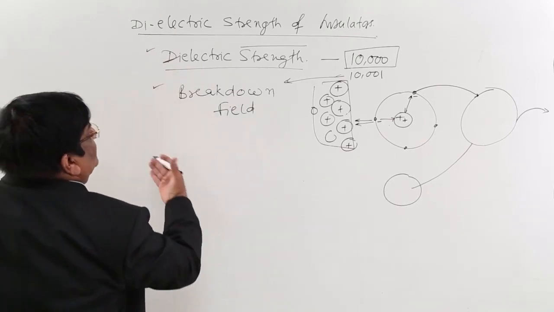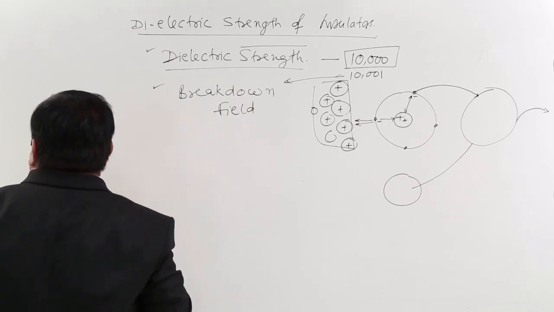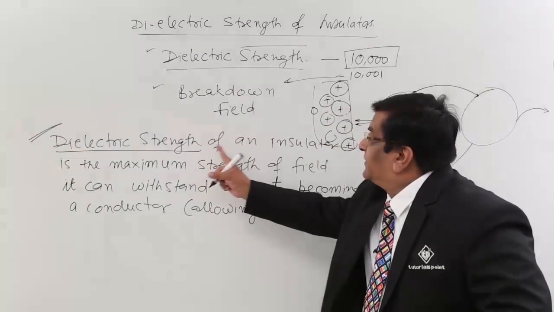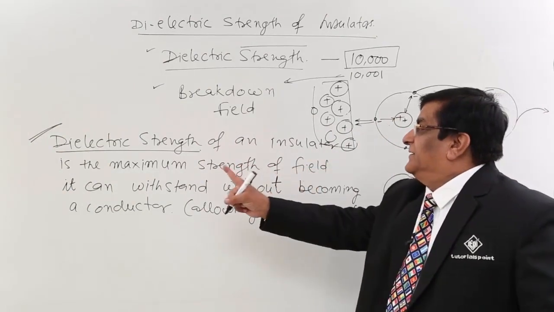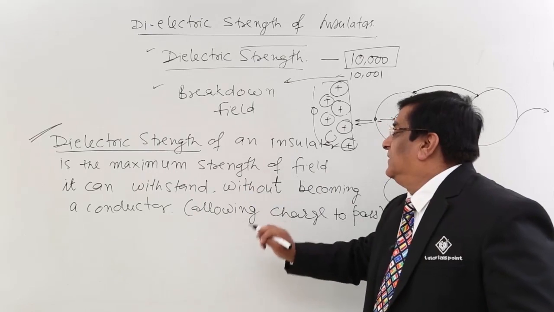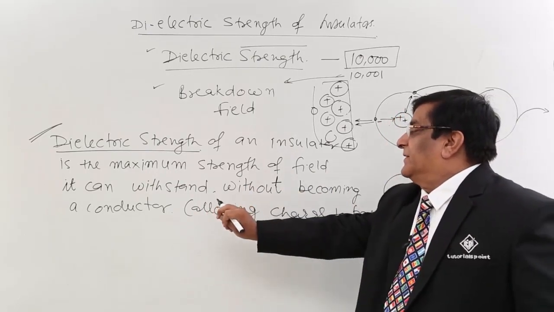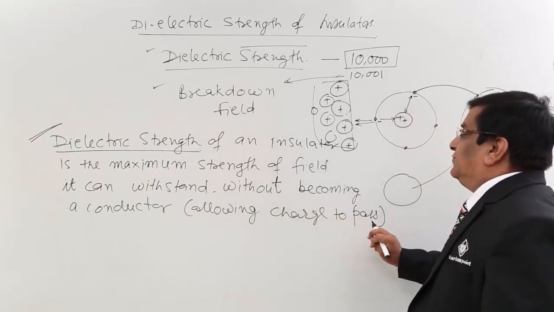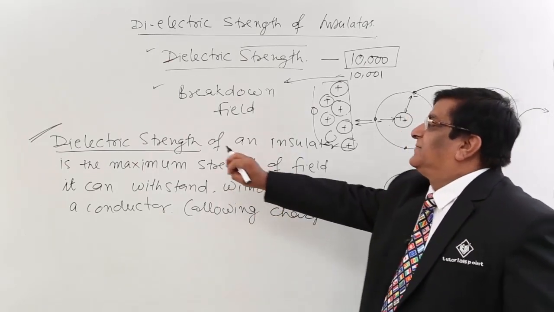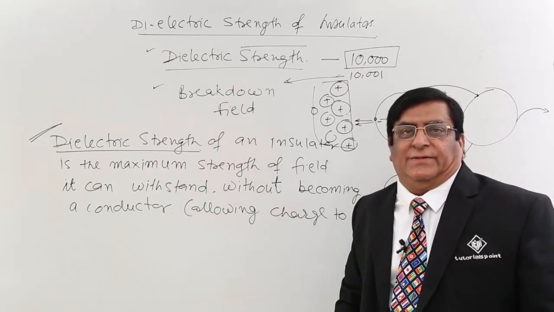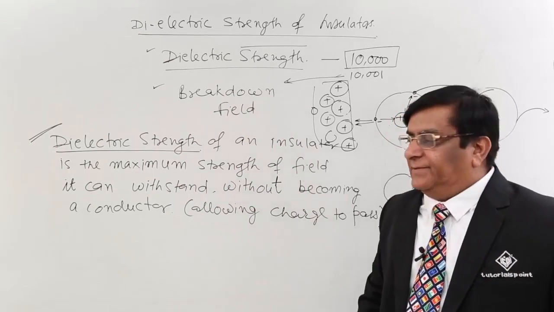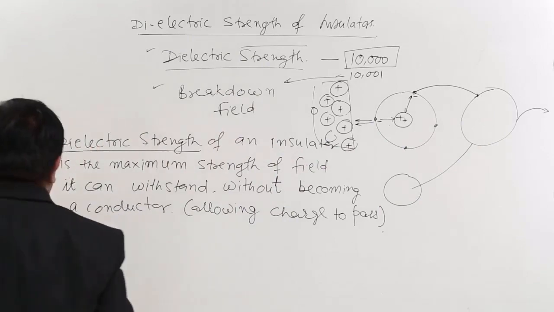Now we can express this in words. Dielectric strength of an insulator is the maximum strength of field it can withstand without becoming a conductor, that is, without allowing charge to pass. That maximum strength is known as dielectric strength. Now the breakdown field.